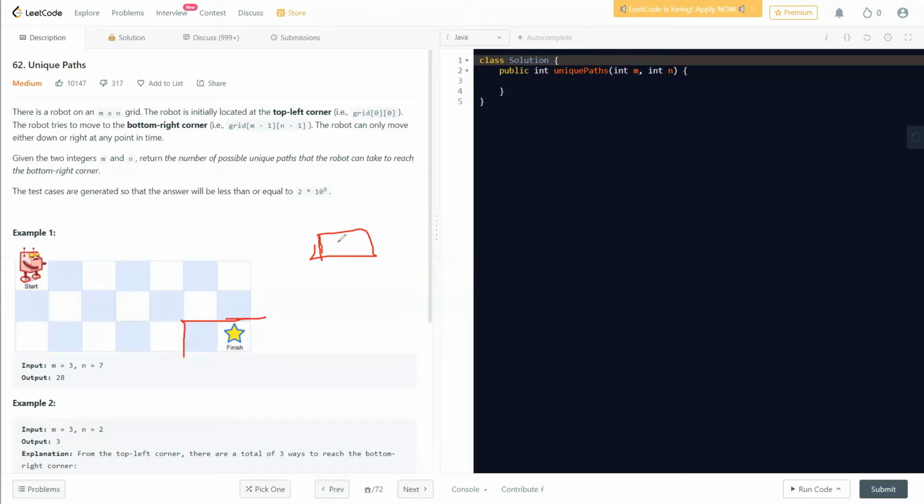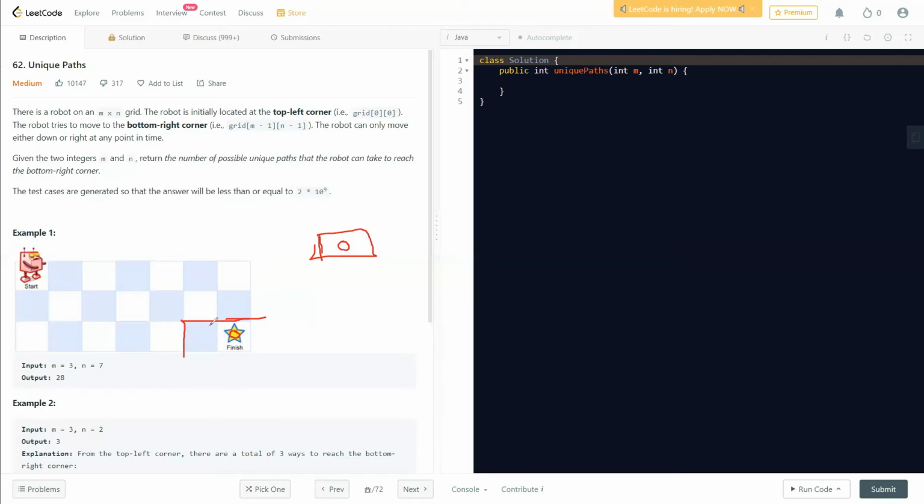How many ways are there to reach the end position? There will be zero ways, because once we are at the end position, we don't need any way to reach it. If we are at the finish position, there will be zero ways to reach the finish position. That's the 1 cross 1 box.